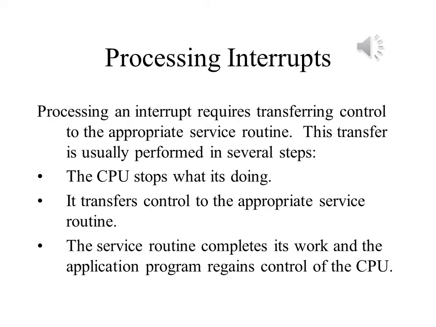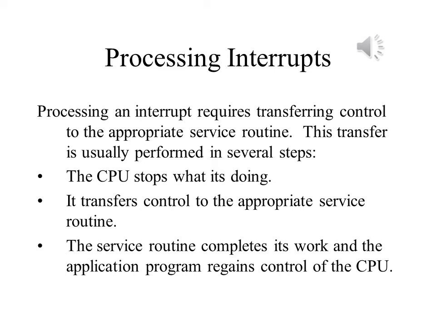Ultimately, processing an interrupt requires transferring control to the appropriate interrupt handling procedure. But as any assembly language programmer knows, transferring control to another procedure takes several steps. After the CPU stops working on another task it is doing, it has to save the contents of the registers so that the program running at the time of the interrupt signal can resume later.